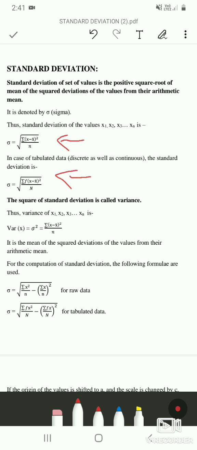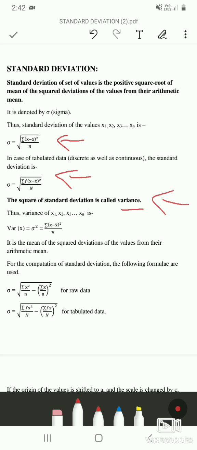And in case of discrete as well as continuous data, the standard deviation is square root of summation f into x minus x bar whole square divided by capital N, where f is your frequency, capital N is your total number of observations or sum of f, and x bar is your arithmetic mean.